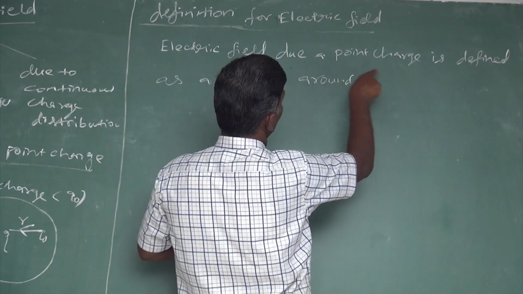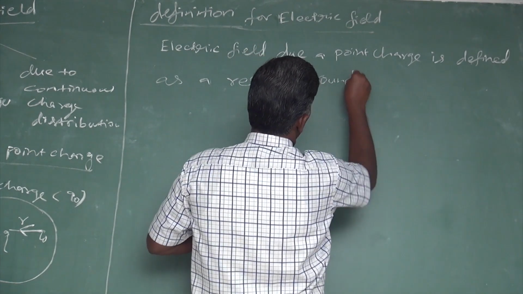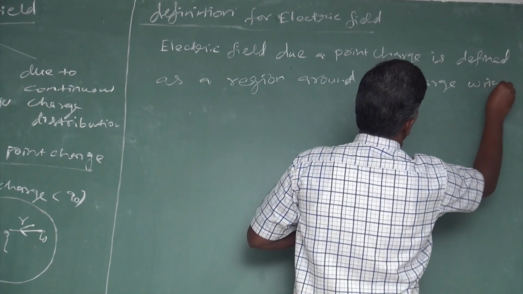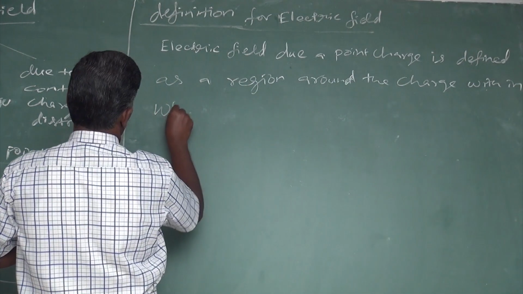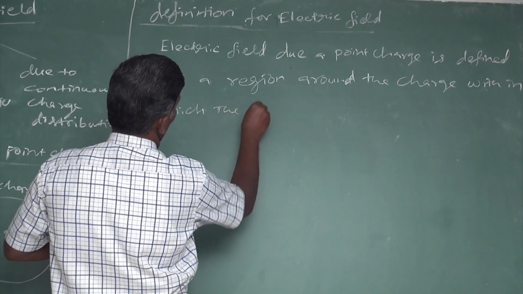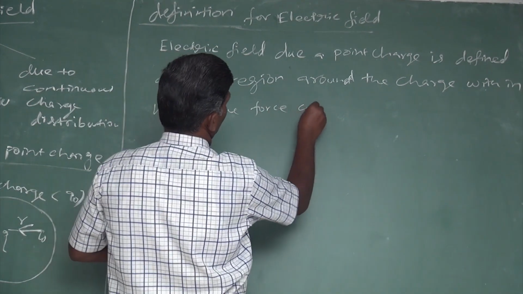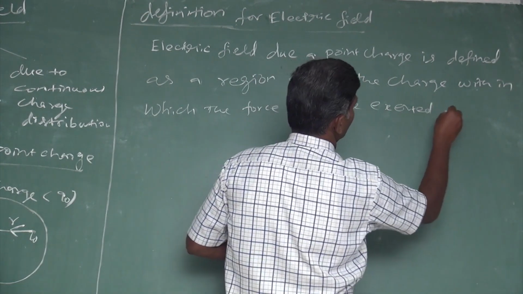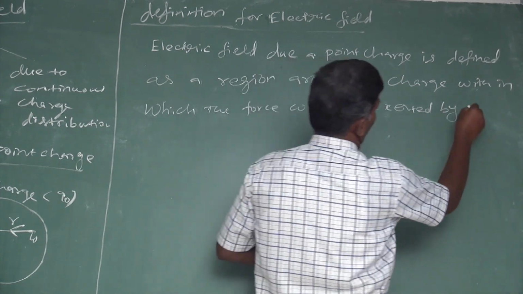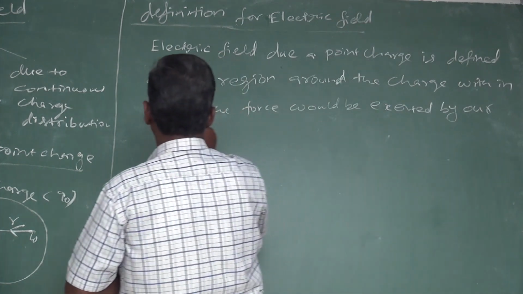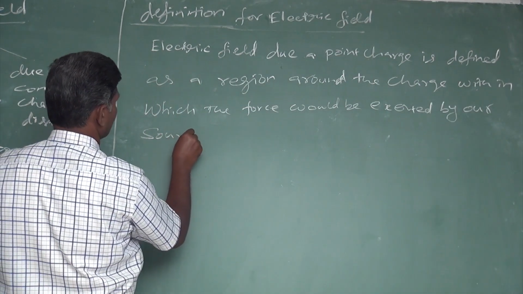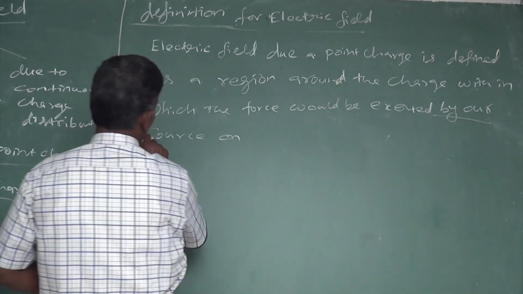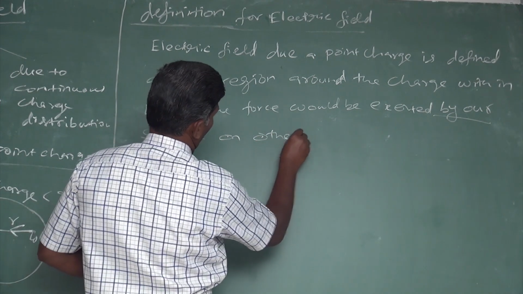The electric field due to a point charge is defined as a region around the charge within which the force is exerted by our source charge on other charges.